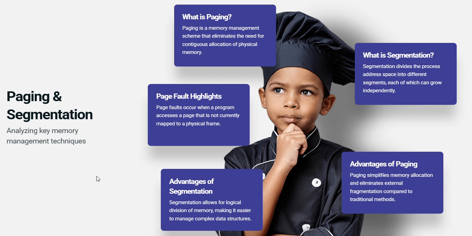The program doesn't need to worry about where those pages go. It just uses them. But sometimes the needed data isn't in memory. This causes a page fault, and the OS must bring the data from disk. It's slow and costly. Segmentation, the other concept, divides the memory into segments.